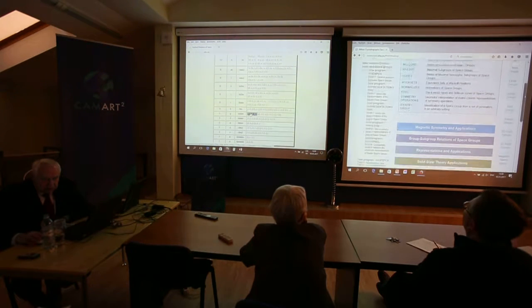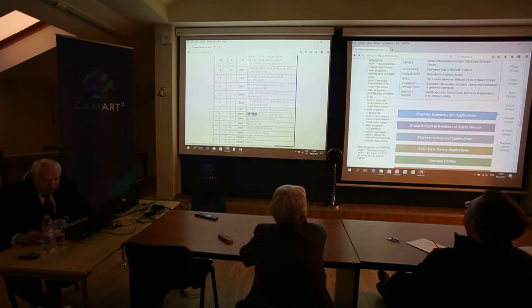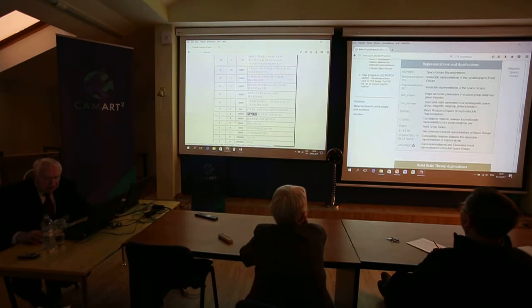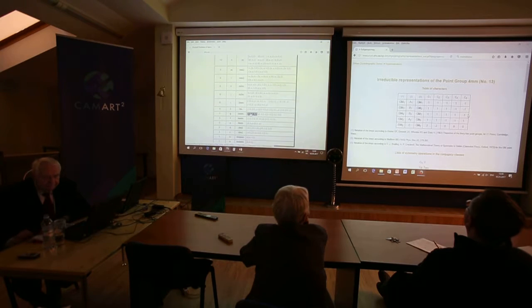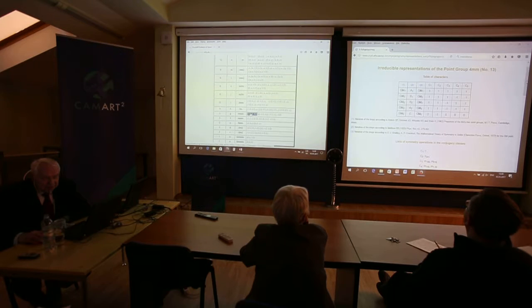And maybe you remember that our point group was C4v. And this is this one. And now I'll try. Who understands this table?